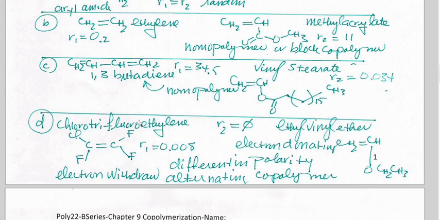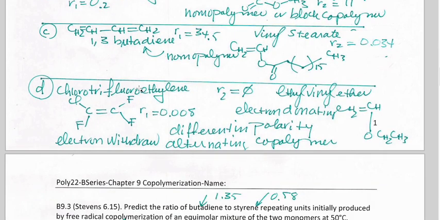In part C, we're looking at butadiene and vinyl styrene. Again, look at the reactivity number for butadiene, 34.5, versus for vinyl styrene, 0.034. So again, most likely we would have a homopolymer of 1,3-butadiene.